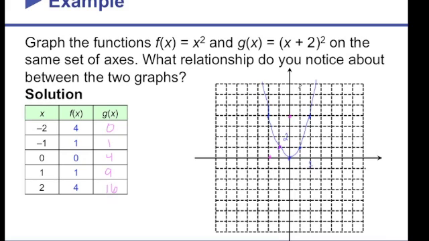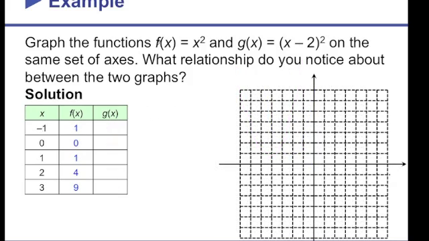And then we know this is a parabola, so it's going to have matching points here. And I guess it's still a parabola, but this moved 2 to the left. We're going to do f of x equals x squared again, and this time g of x is going to be x minus 2, the quantity squared.